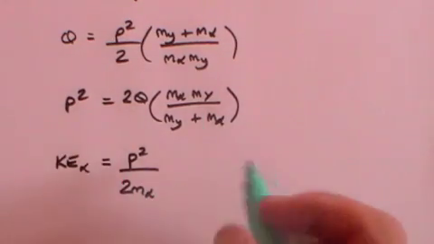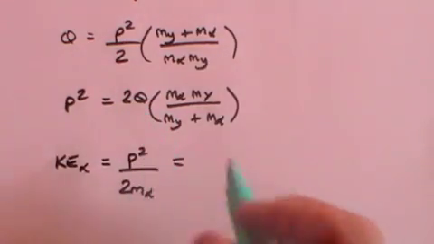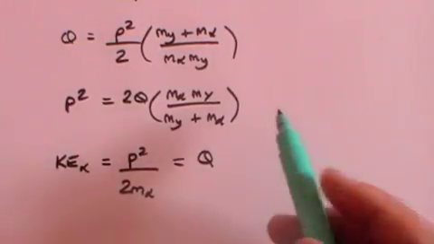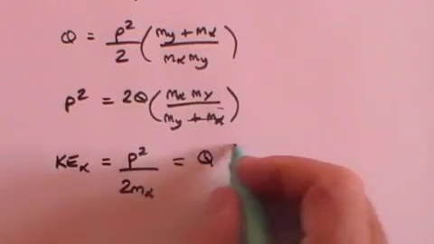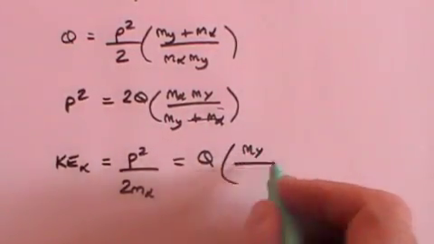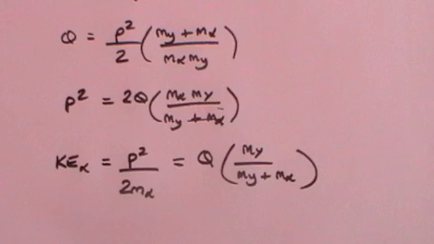P squared is this, so the 2's will cancel. So you're going to get Q into this term divided by m alpha. So the m alpha will cancel and you get my divided by my plus m alpha. That's the kinetic energy of the alpha particle.